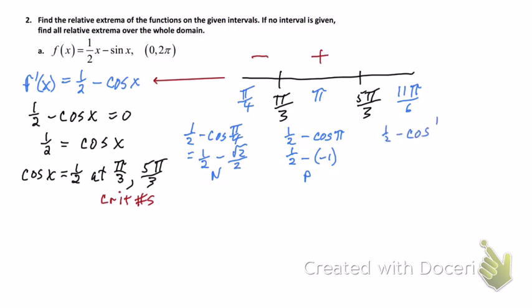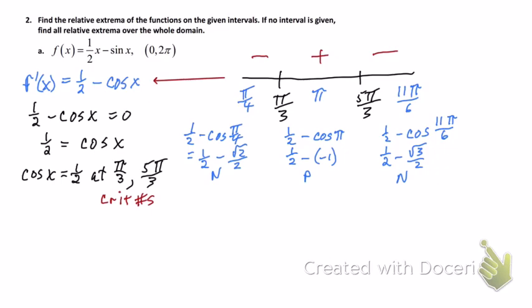Now, this one is going to be in the 4th quadrant. What's it going to work out to? I've got a bigger number from a smaller number, so that's going to be negative. And that's the way it looks.